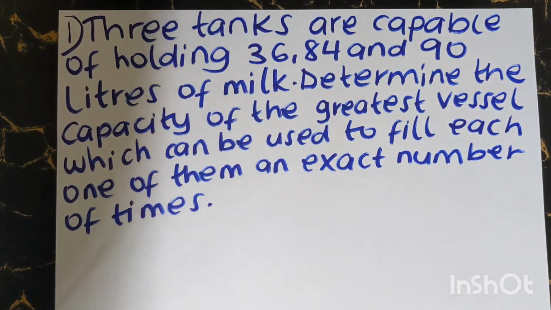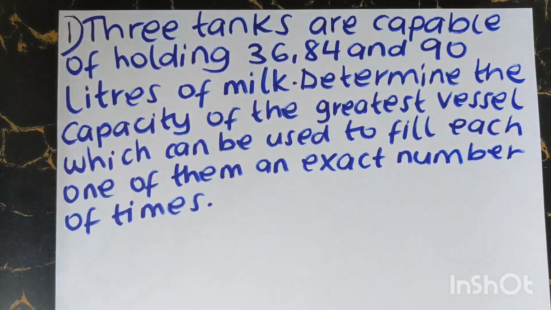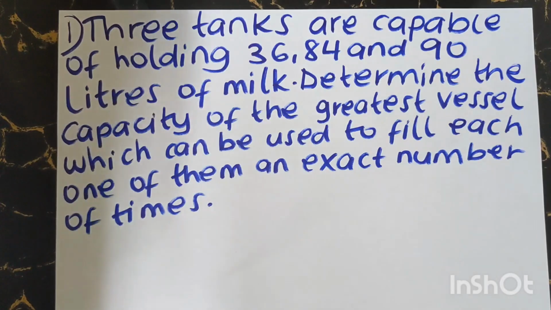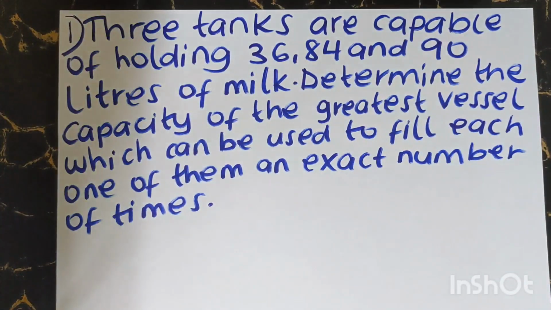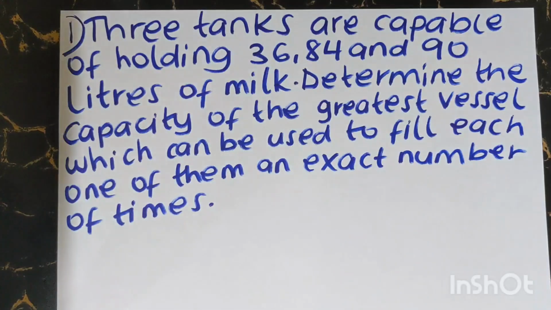3 tanks are capable of holding 36, 84, and 90 liters of milk. Determine the capacity of the greatest vessel which can be used to fill each one of them an exact number of times, okay? In this question, there are 2 keywords that show us that you're supposed to use GCD.